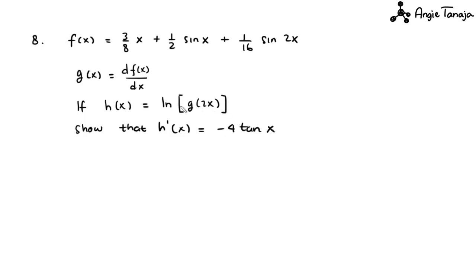So according to this, I think we have to find the g of x first. And g of x is the derivative of f of x, ya kan? So let's try to derive this. So this will be 3 over 8 plus half cos x.